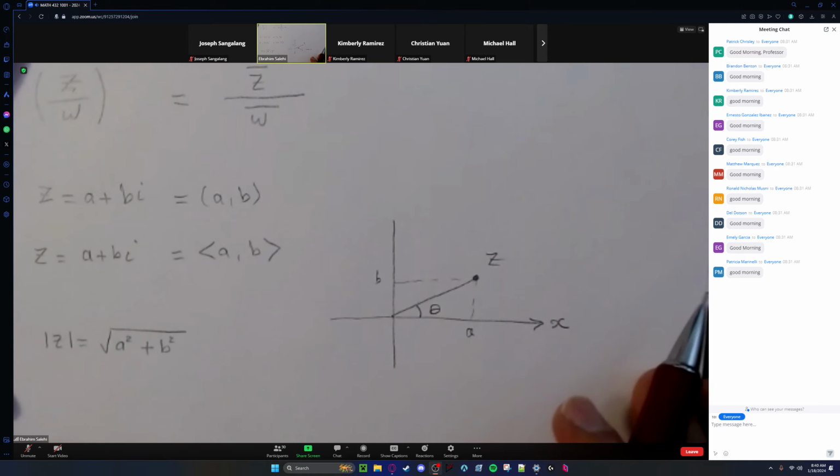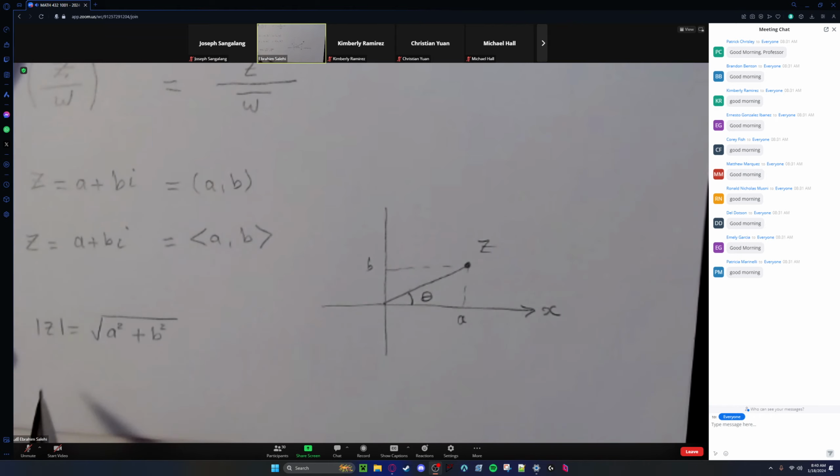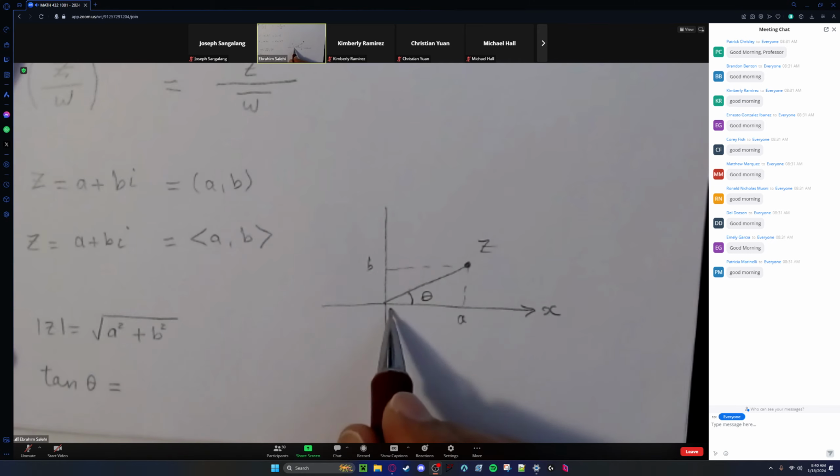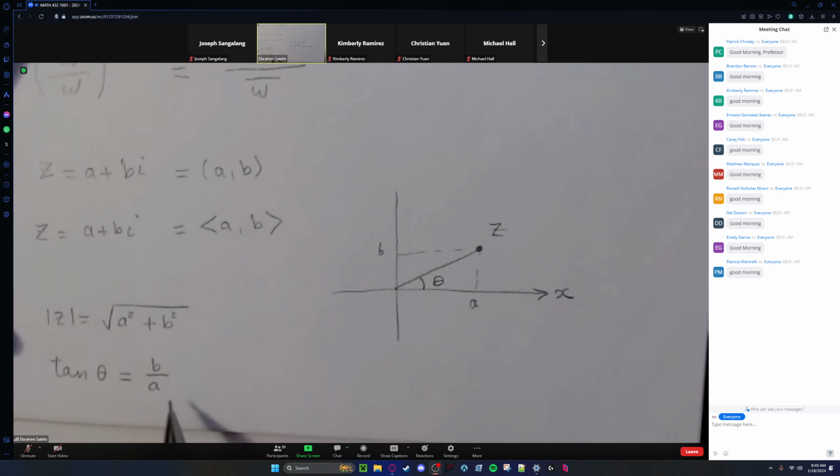And theta we call the argument. We definitely know that tangent of theta is b over a, okay? That is modulus. This is argument. And whenever theta is between negative pi and pi, we call it the principal argument.